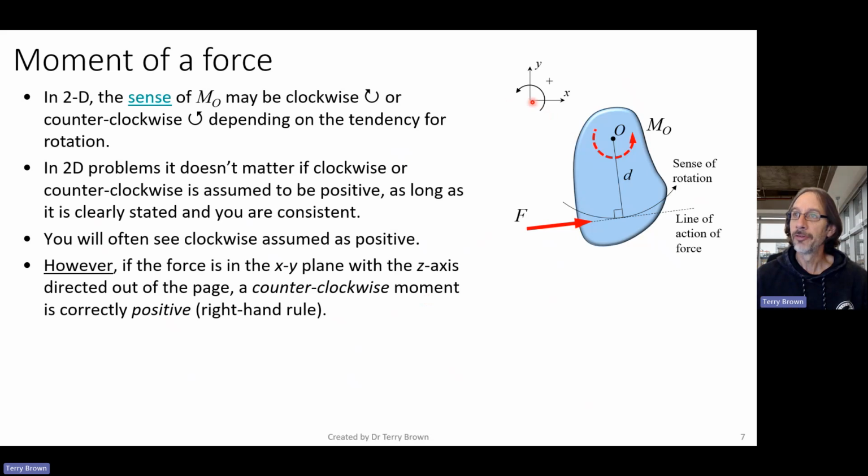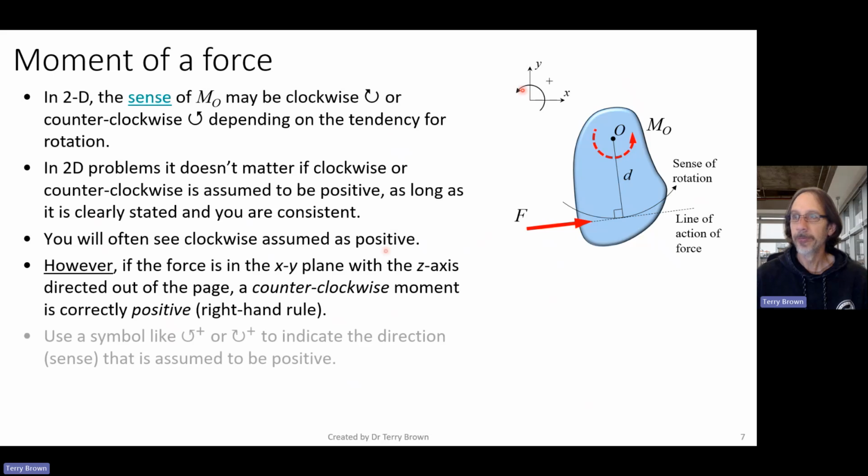If we have X and Y coordinates like this, where the Y coordinate is 90 degrees anti-clockwise from the X-axis, then to be strictly correct, anti-clockwise is positive, because of the right-hand rule that I just showed you on the previous slide. In all cases, use a symbol, something like this, an arc with an arrowhead and a plus, to indicate the direction or sense that you've assumed is positive for your calculations.